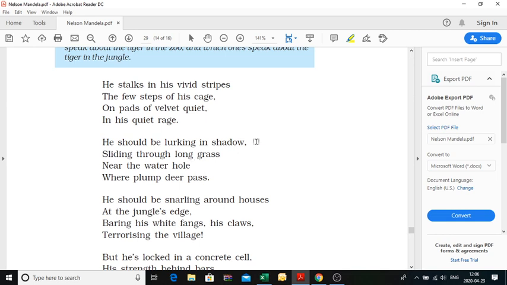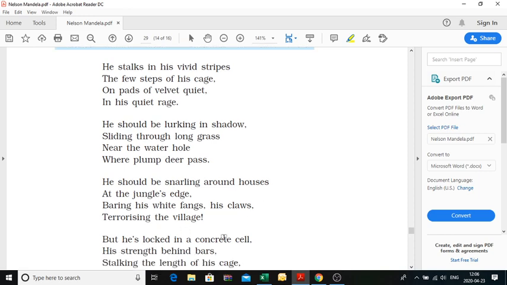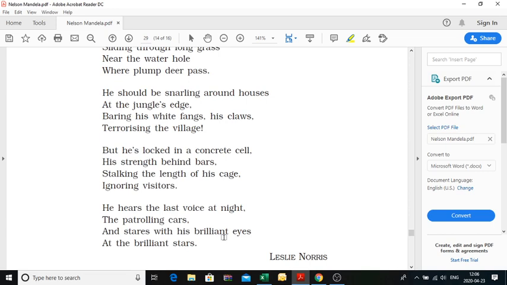Every stanza, look at this: A, B, C, again B, right? Grass and pass, both are the same. Here it should be snarling around houses. A, B, C, right? And again E here, so we'll put B here. So A, B, C, B. Fine. Same again in all the stanzas.